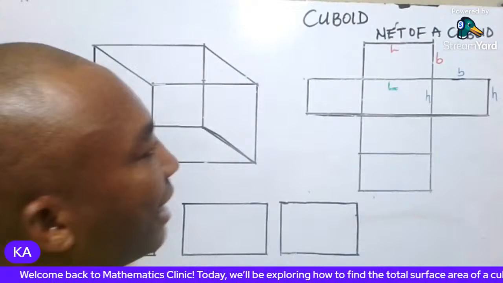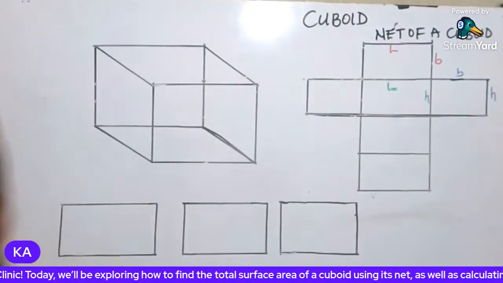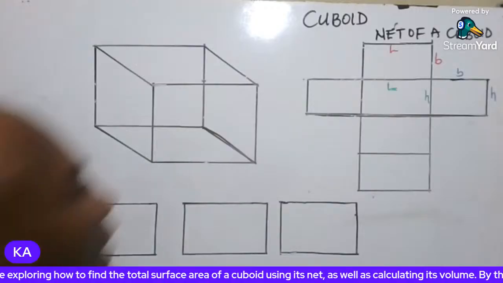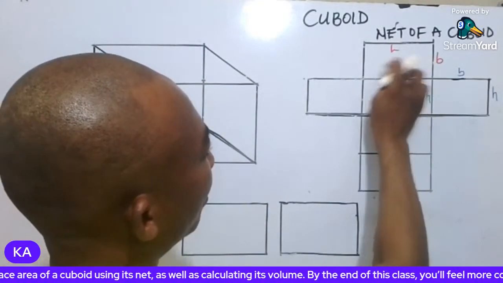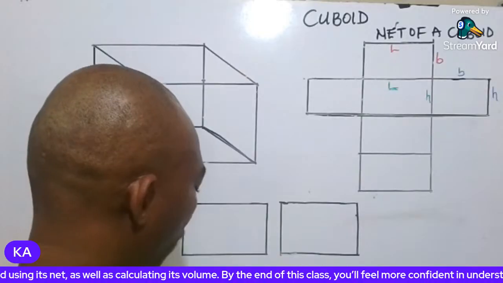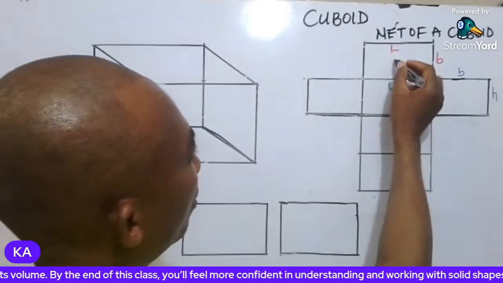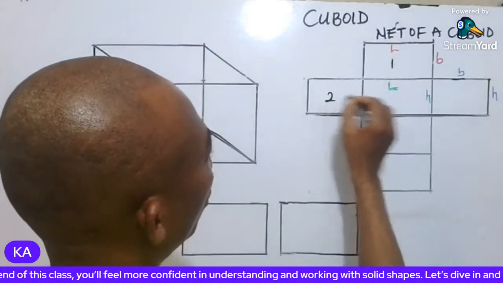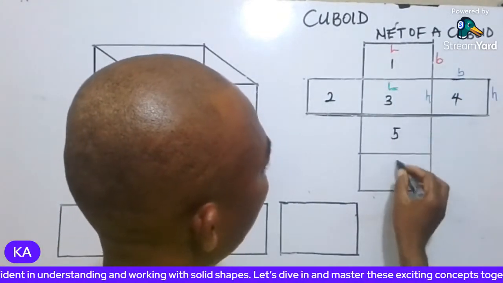Now, when you come here into the net of a cuboid, of course, like I said, it has 6 faces. Let me count if it's going to be up to 6. Let me use this to count for you so that you don't get lost. 1, 2, 3, 4, 5, 6.